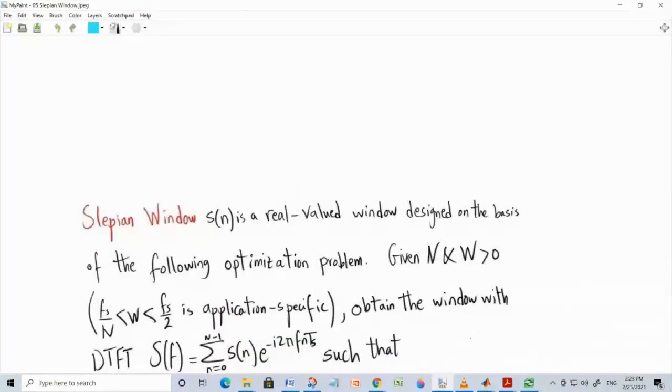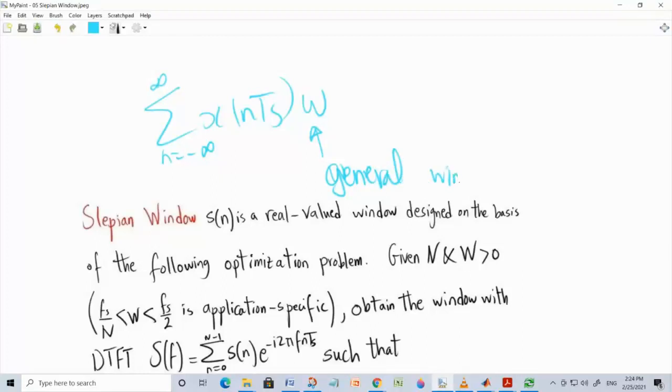To get a feeling of what's going on, you take x of nTs, and from minus infinity to infinity, you multiply by now a general window w of n, times e to the minus i 2 pi f nTs.